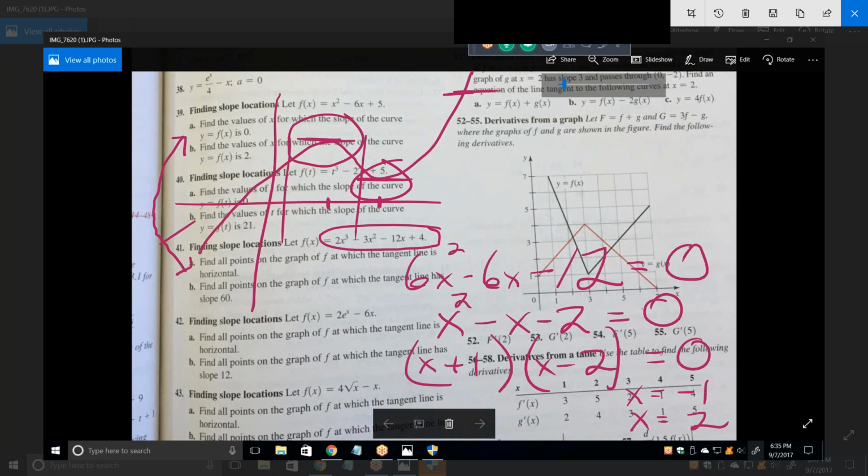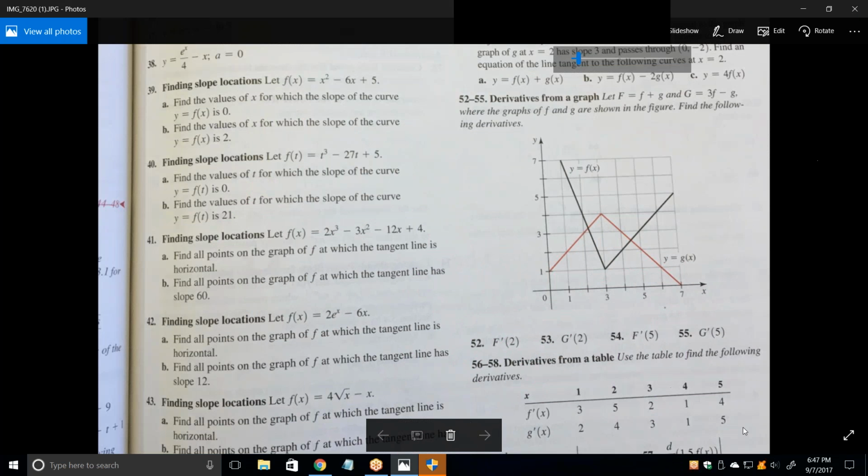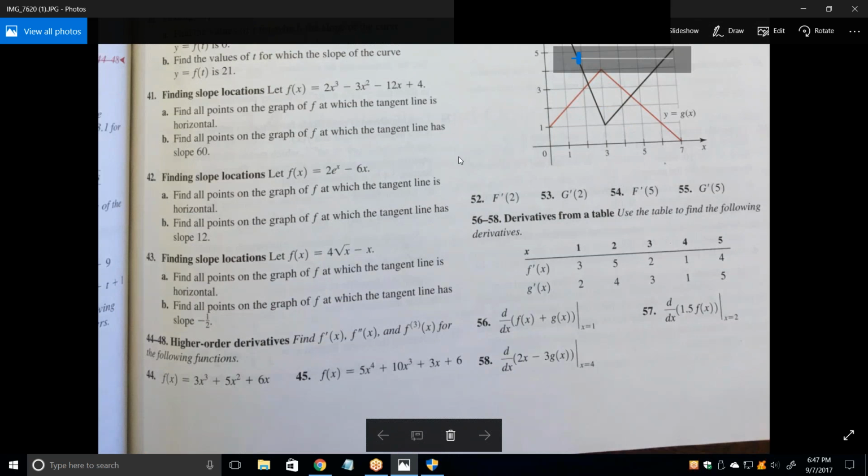This is the way you do it. You take the derivative and set it equal to 0. It's really one of the greatest discoveries in math as far as I'm concerned.